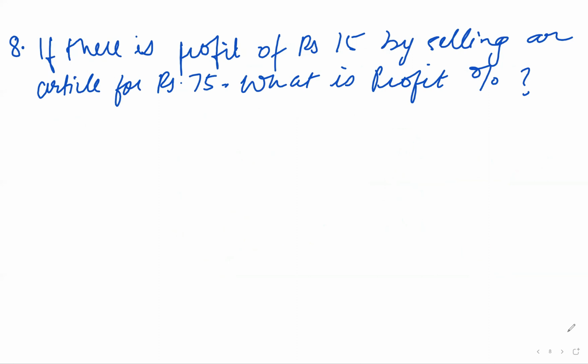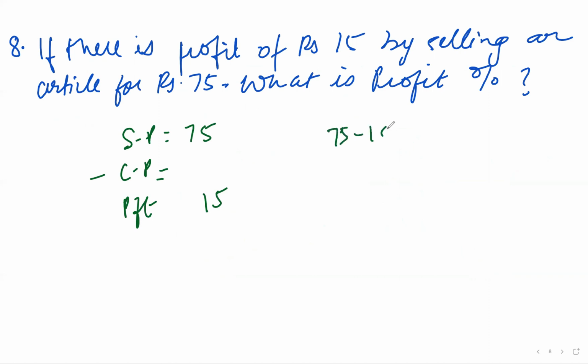If there is profit of rupees 15 by selling an article of rupees 75, so selling price is 75, profit is there. So selling price minus cost price is profit. Profit is of rupees 15. So as it is profit, selling price will be more and cost price will be less. So cost price will be 60.